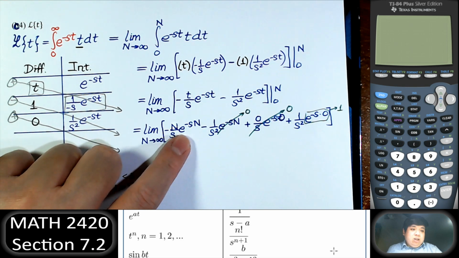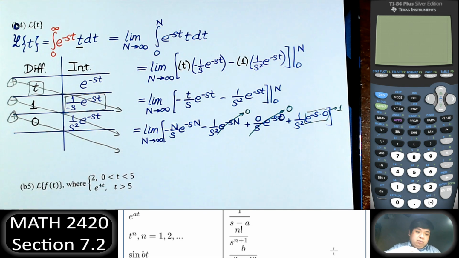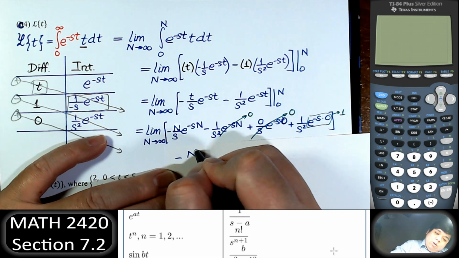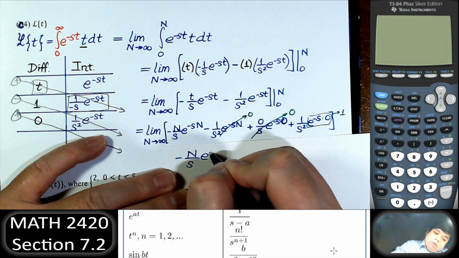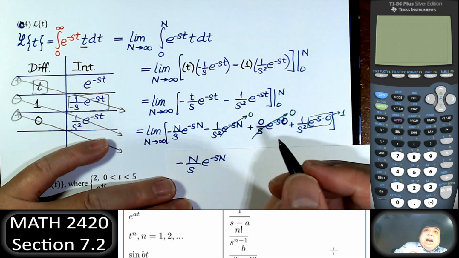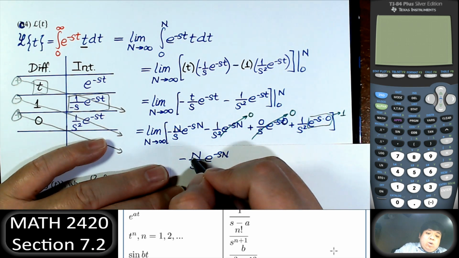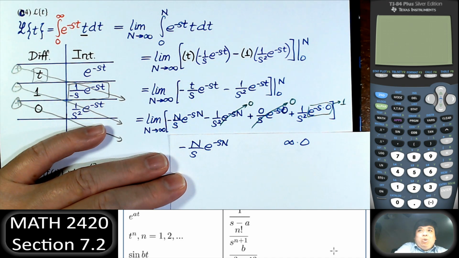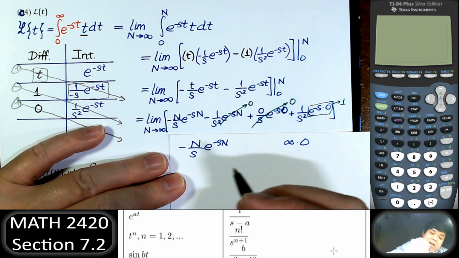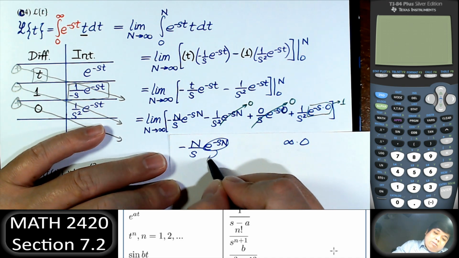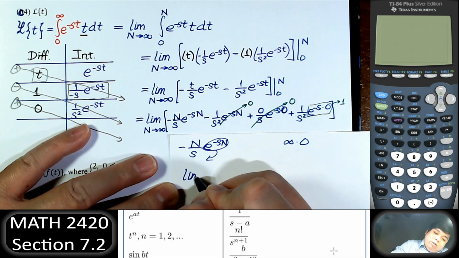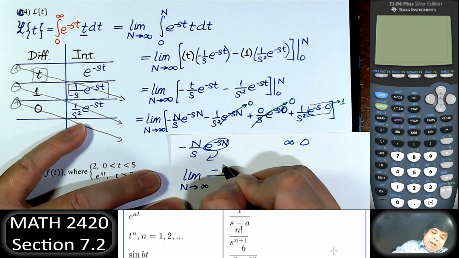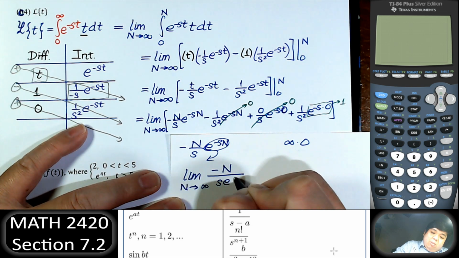Now the trick here is what do we have here? So negative n over s e to negative sn. What happens when n goes to infinity? We have infinity times 0, which is not something that we want to deal with. So let's move this to the bottom. Now we look at the limit when n goes to infinity, negative n at the bottom e to the positive sn.